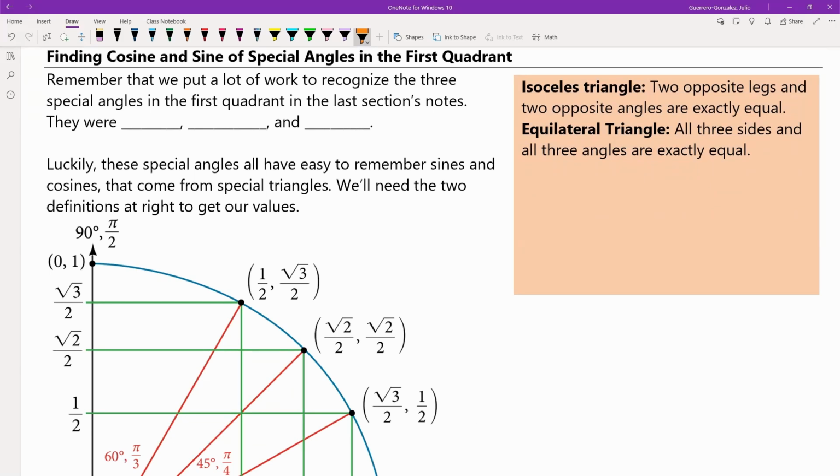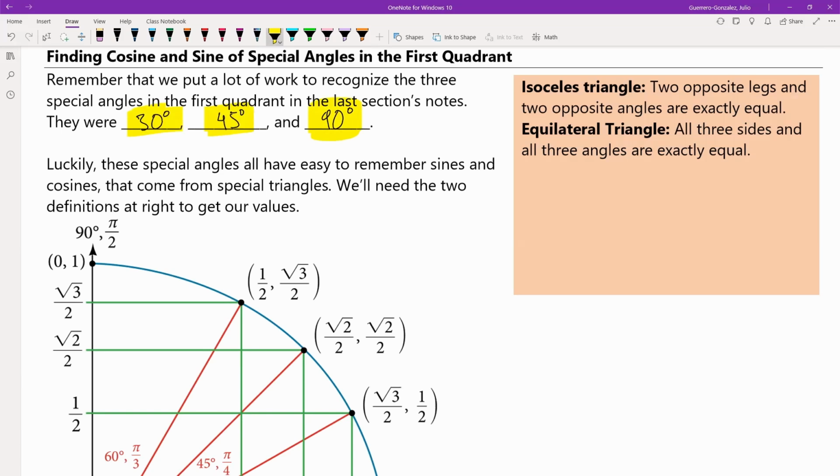What we're going to do now is get some common values that we're going to be using on a regular basis when we do work with trigonometry. There were a bunch of important angles that we saw when we did 5.1. Those important angles were 30 degrees, 45 degrees, and then 90 degrees.